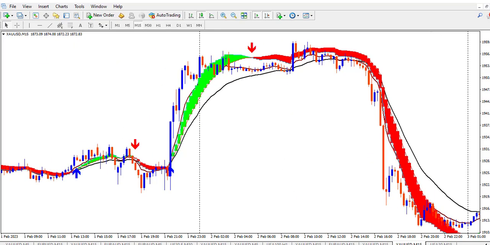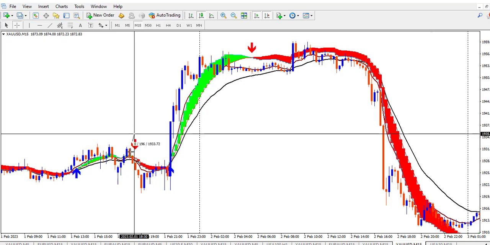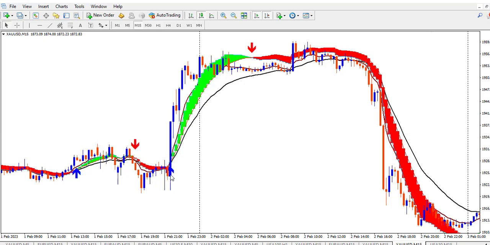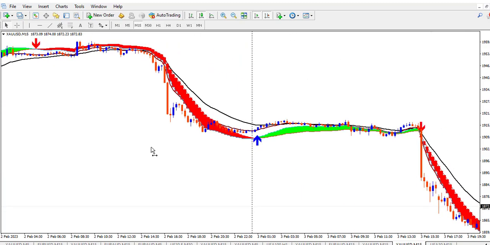And here is another point where we can place our trade for a sell, where we have everything in agreement. So this is how to use this particular strategy.